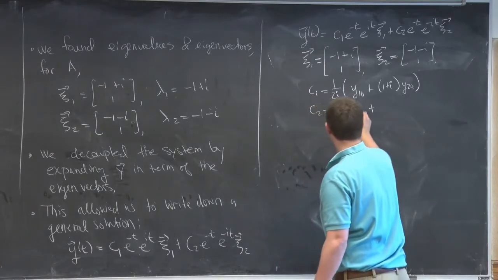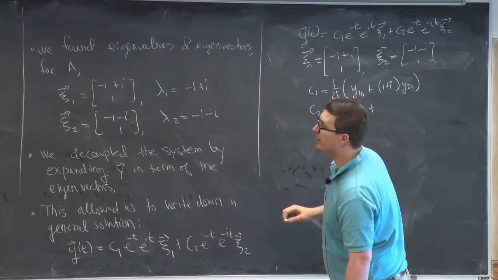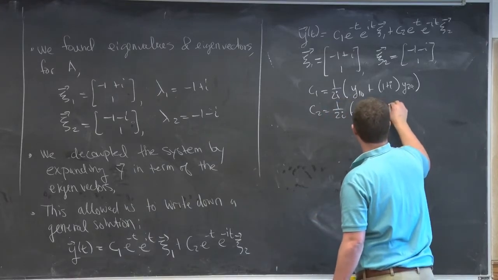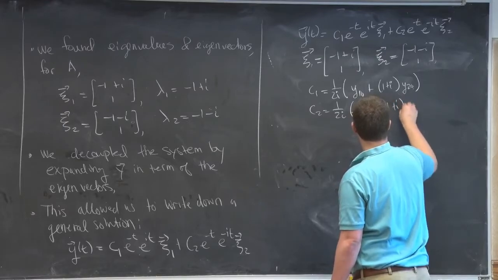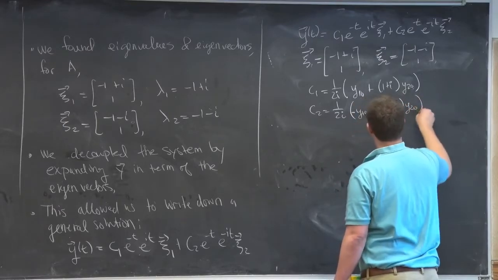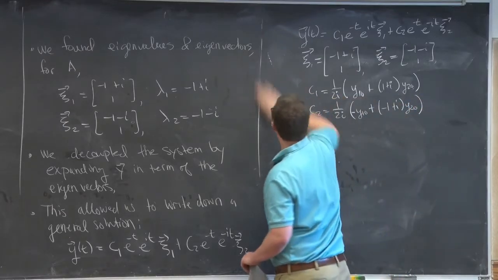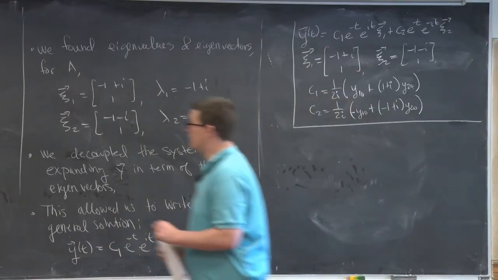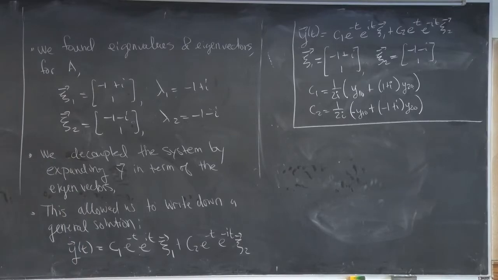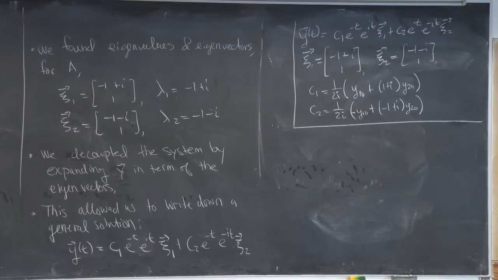This is a minus here. And then I have plus negative 1 plus I times y20, like so. Okay? So we're going to keep this here for future reference. So let's start on the C1s and C2s.